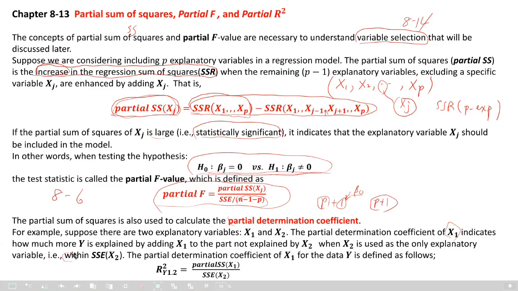In other words, SSE of x2, okay, you take x2 first in the model. Then there are two explanatory variables, x1 and x2, okay?